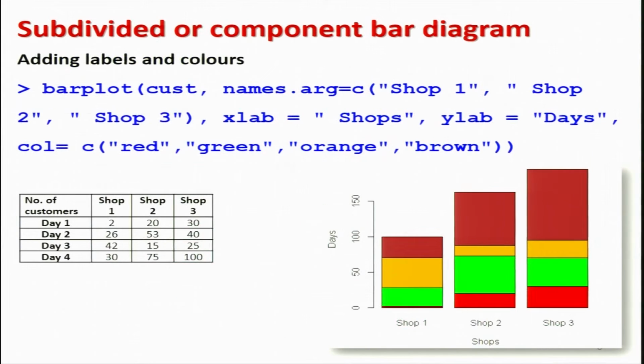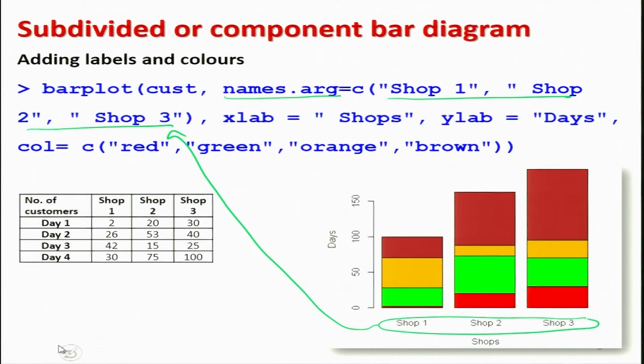Now if you want to make some cosmetic changes, for example, if you want to write names for these bars, you can use the option names.arg, and you can write shop 1, shop 2, shop 3. You can see this is going to be printed here. Similarly, if you want to write shops here, you have to give xlab, and if you want to give days, you have to give ylab.